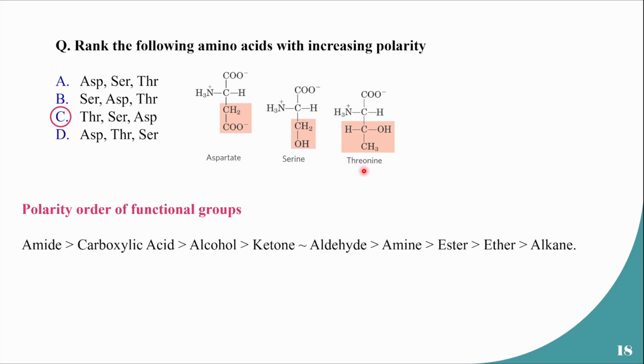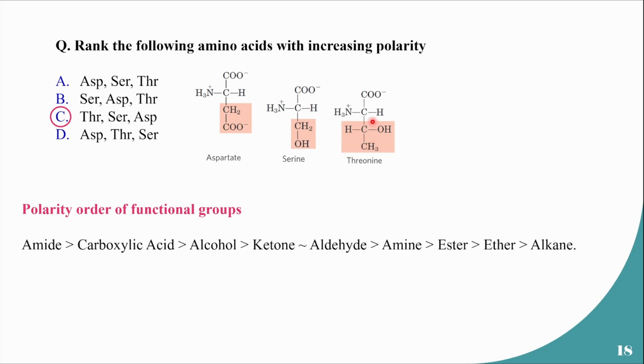Now for the serine and threonine, you will notice that both of them have an OH group, right? However, threonine has a slightly longer side chain than the serine because there are two carbons in the side chain, CHOH and then CH3 also, whereas in the serine it was only CH2OH, right? You'll notice that the alkanes come at the very last, and the number of carbons in the side chain R group also influences the polarity.